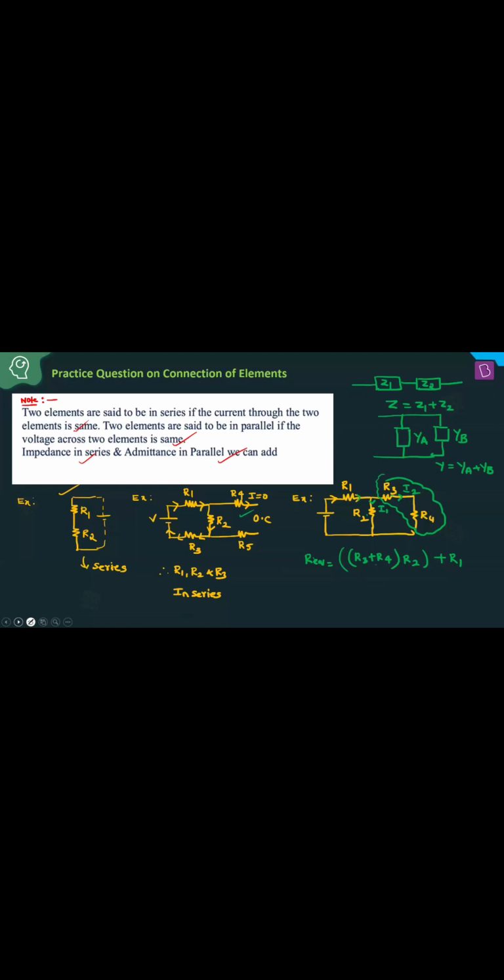See, one more example I'm giving here. For example, if the network is like this. This is R1. This is R2. This is R3. And this is R5.